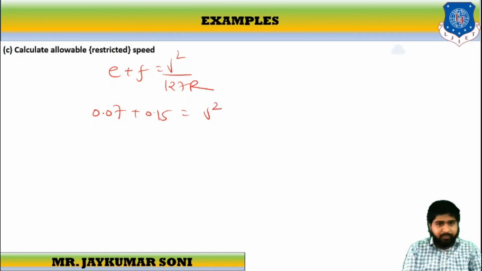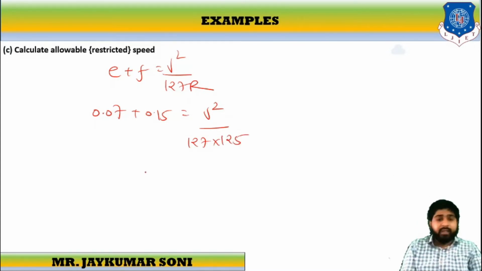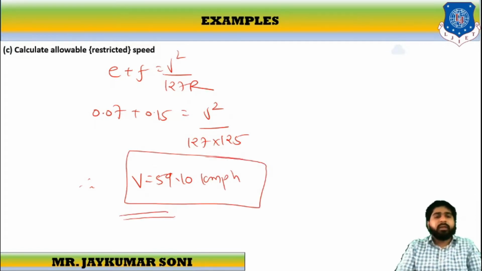We will keep V as unknown, 127, and R is given as 125. Calculate V and tell me what we are getting. Yes, we will get it as 15.10 kmph. So this is the restricted speed or allowable speed that you are supposed to calculate.